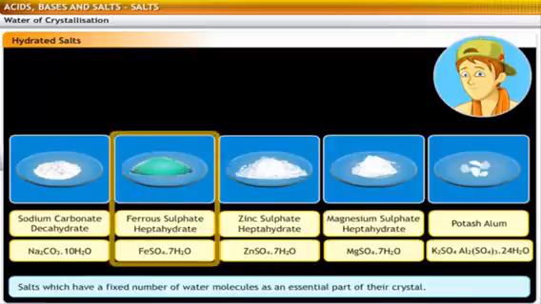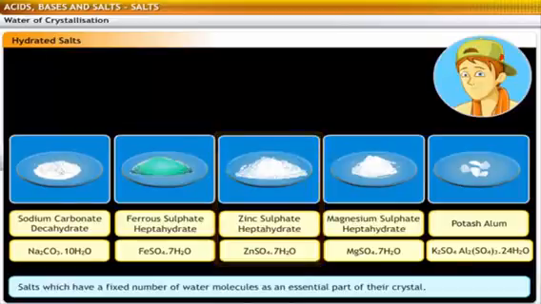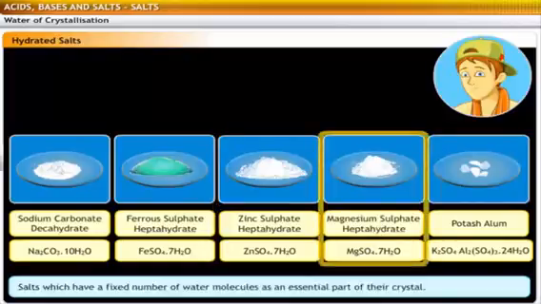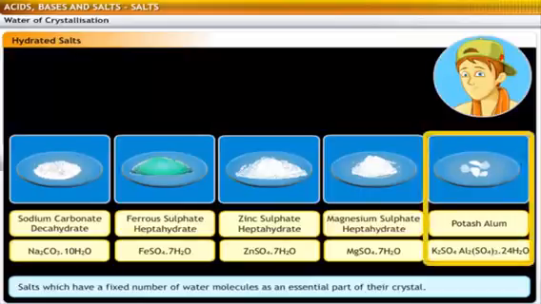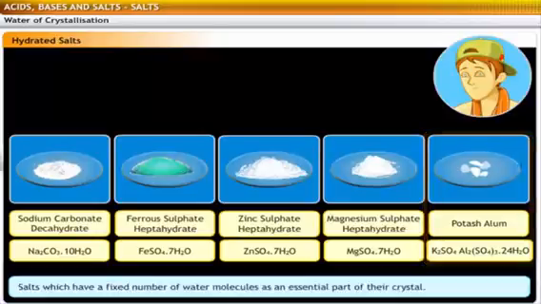Zinc sulfate heptahydrate, ZnSO4·7H2O. Magnesium sulfate heptahydrate, or Epsom salt, MgSO4·7H2O. Potash alum is the sulfate of potassium and aluminium with 24 water molecules, K2SO4·Al2(SO4)3·24H2O.